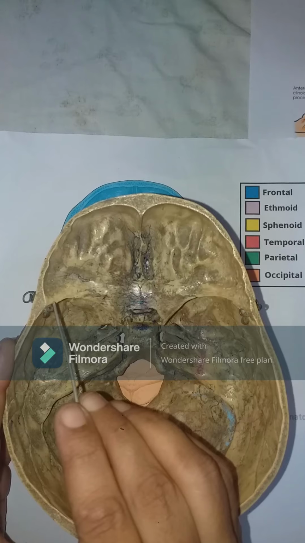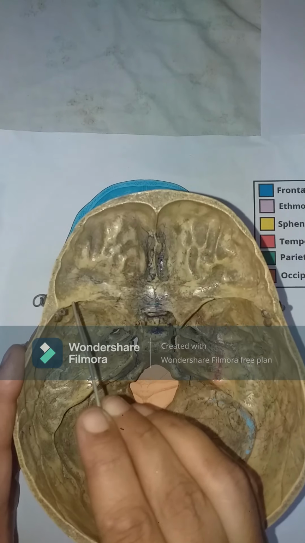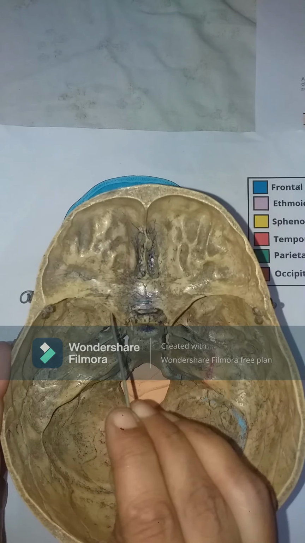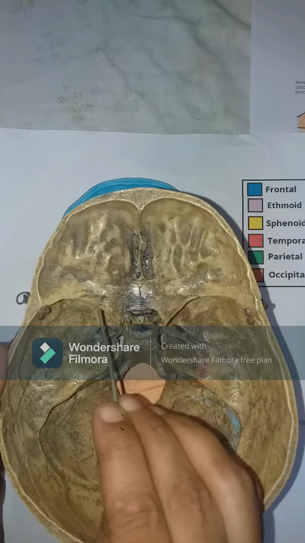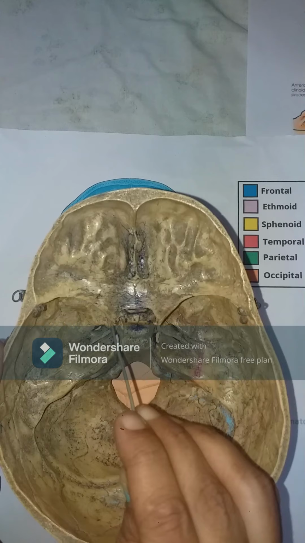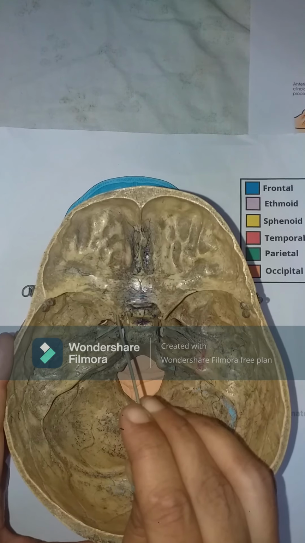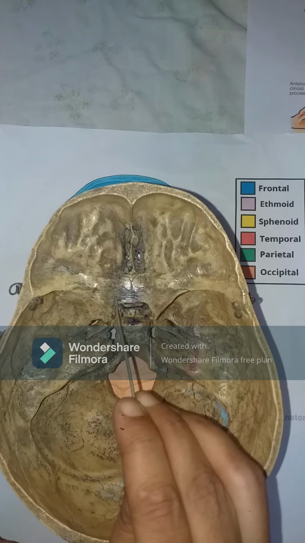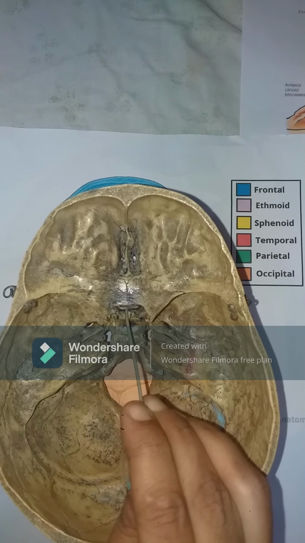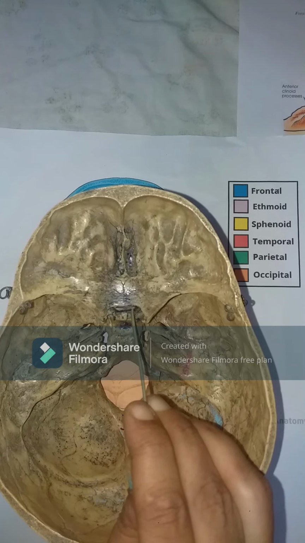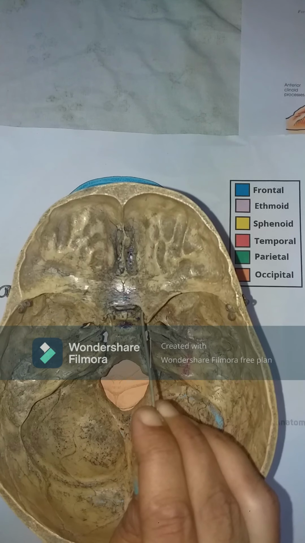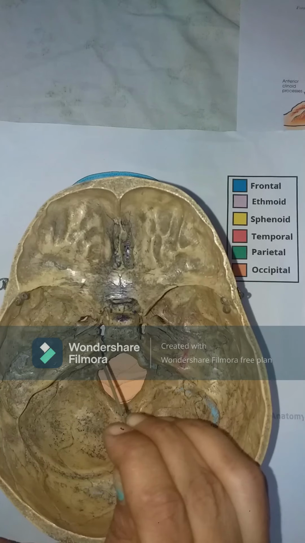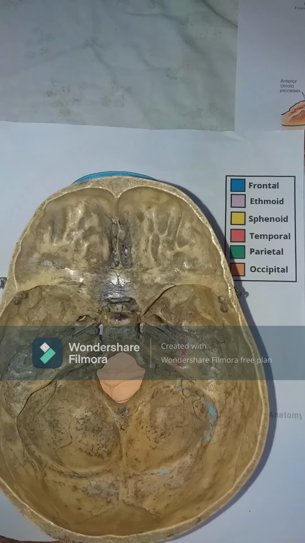Here you have the posterior margins of the anterior cranial fossa, which will actually form the anterior margin of the middle cranial fossa. What are they? The posterior margin of the lesser wings of the sphenoid, the anterior clinoid process on either side, right? And the anterior margin of the sulcus chiasmaticus. Beyond that, more posteriorly, this is the middle cranial fossa.